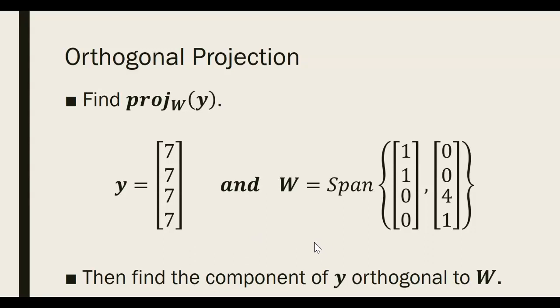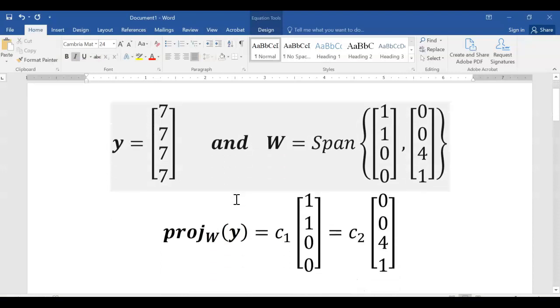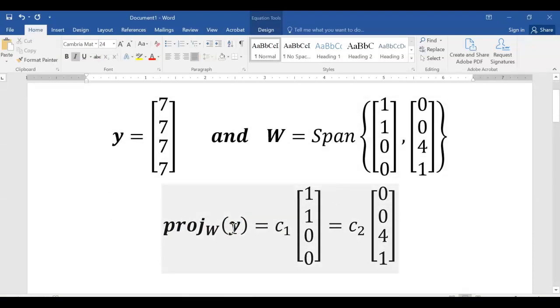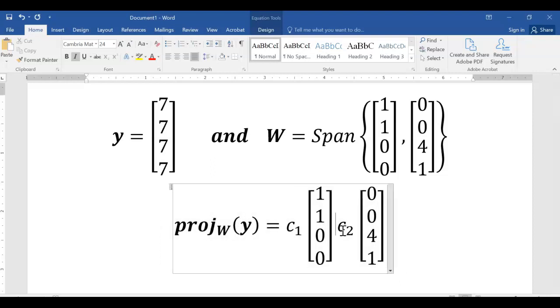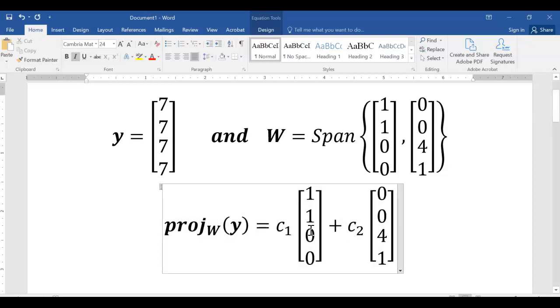Now I'm going to follow the exact same procedure. Obviously now our vectors are in 4 dimensions instead of 3, but the procedure is exactly the same. I'm thinking of writing a linear combination, oops, that should be a plus, a linear combination of the 2 basis elements from W.